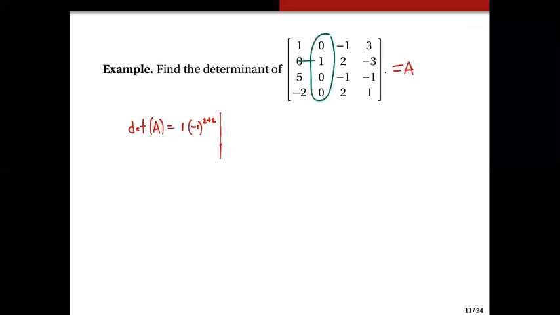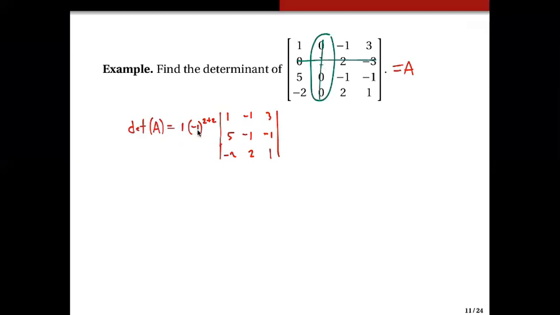We remove this column. So what's left is the matrix 1, negative 1, 3, 5, negative 1, negative 1, negative 2, 2, 1. Okay?